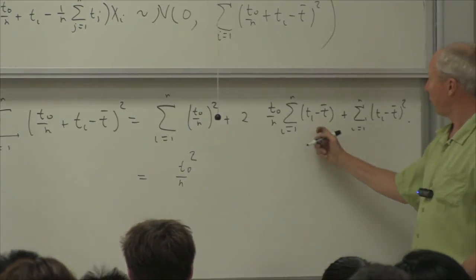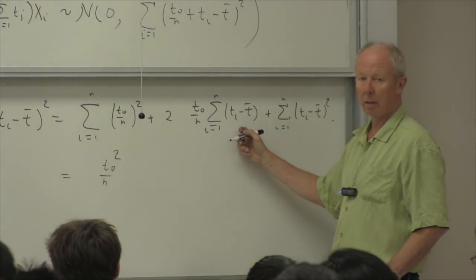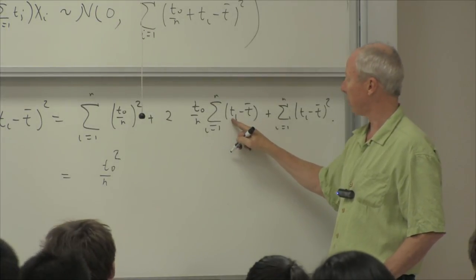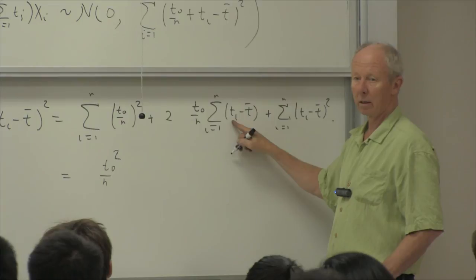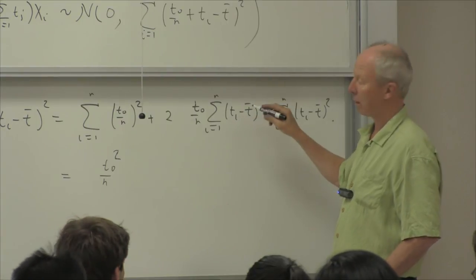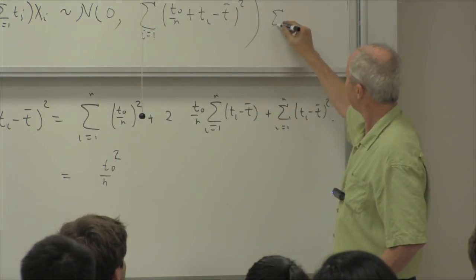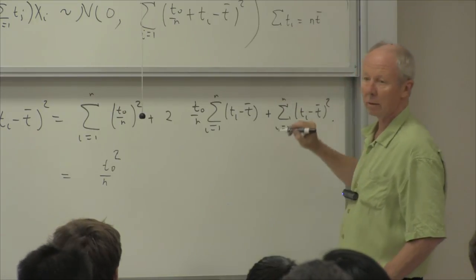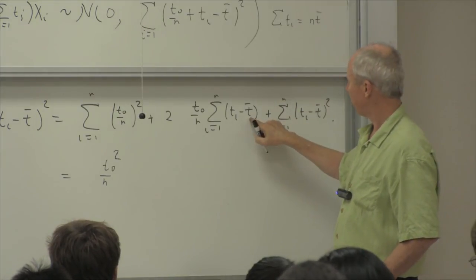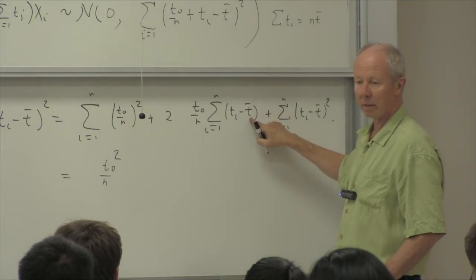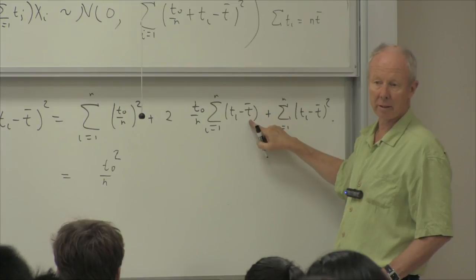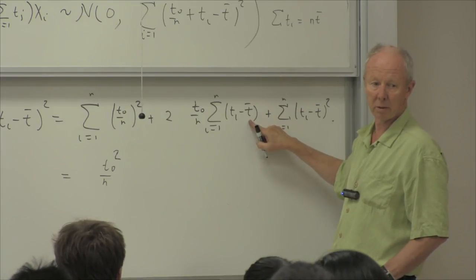What about this? When I add up the ti's, I get n times t bar. When I add up these, what do I get? Well, they're all the same. I get n times this term.